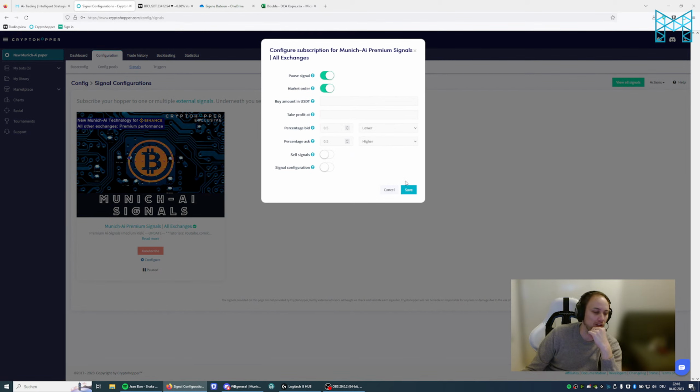Of course, you also can use the compounder, which is where you go on marketplace, browse, and then it's here, the compounder. The compounder is made a bit different. It is trying to catch bottom reversals and small dips.